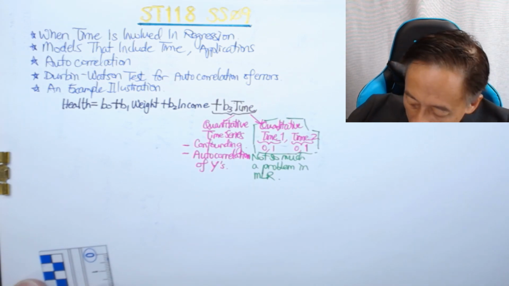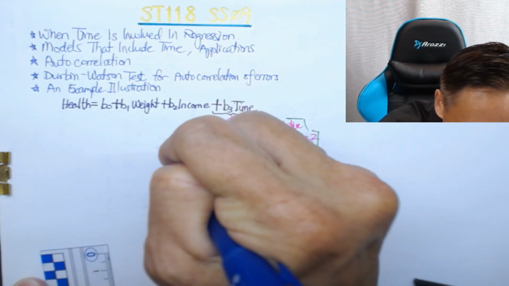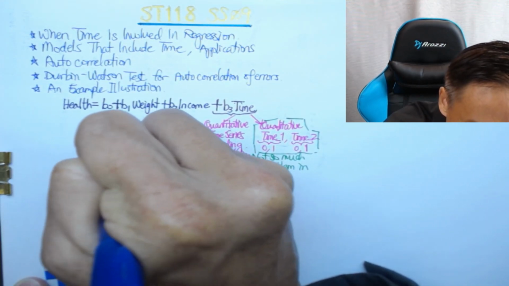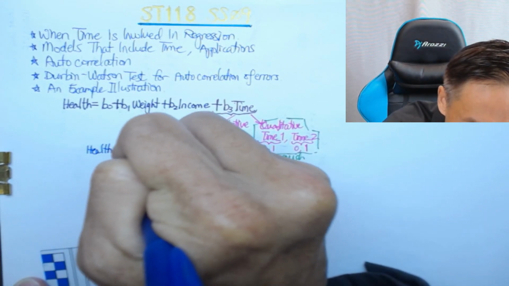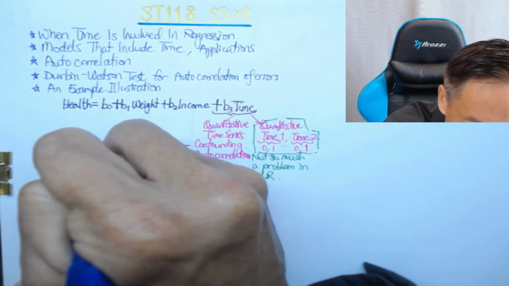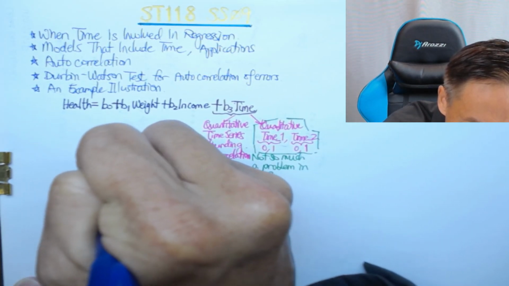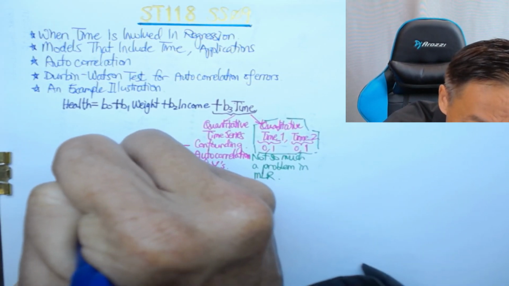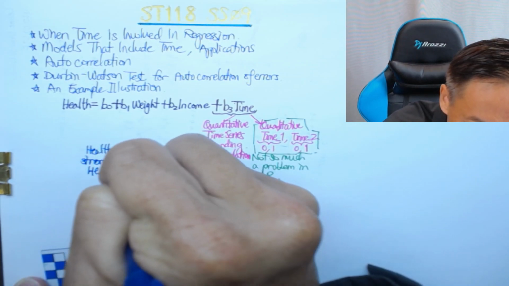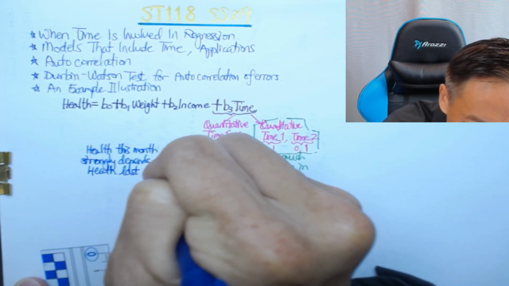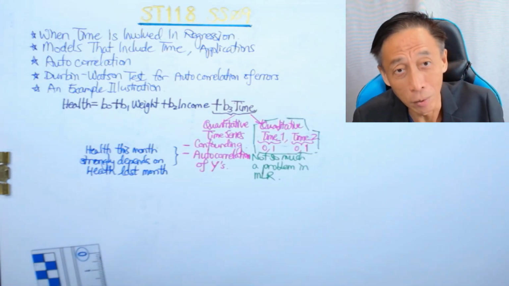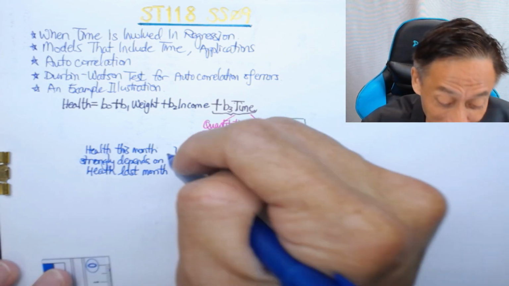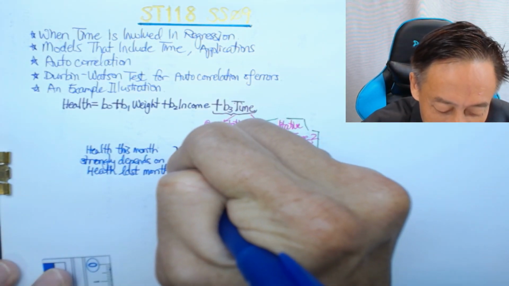In other words, your health this month strongly depends on health last month. Can I say that? Of course, it may also be dependent on the kind of participant profile you pick. What is your population?